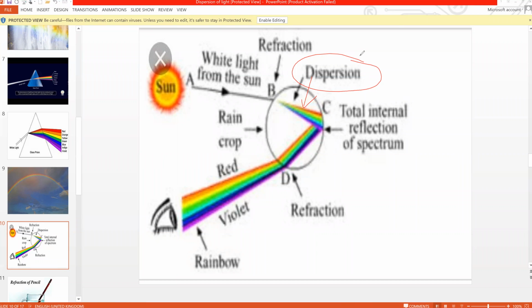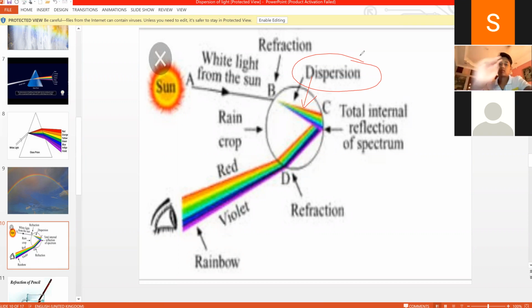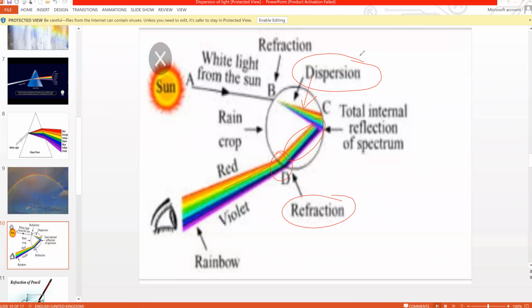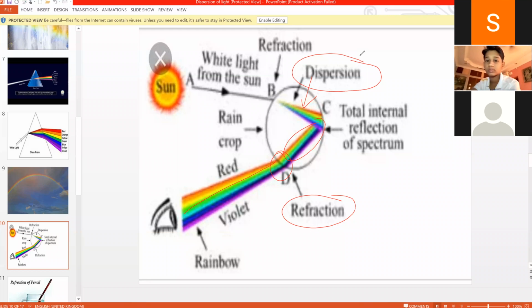It is splitting into different colors. And again there is a reflection, again there is a refraction, and again there is a bending also. You can see there. After that, there is a bending of light, and that forms dispersion.